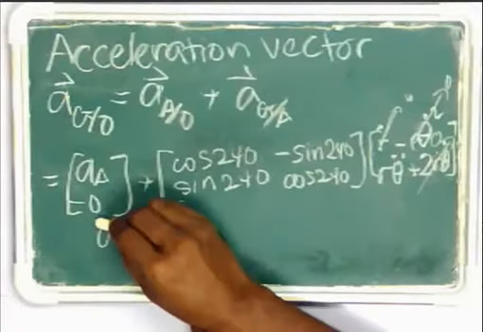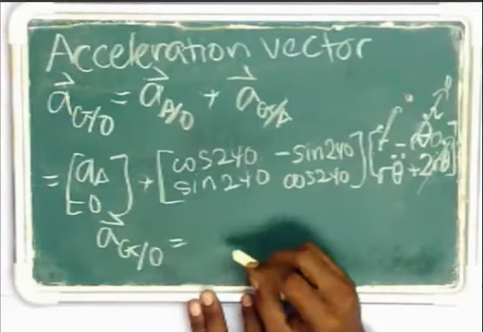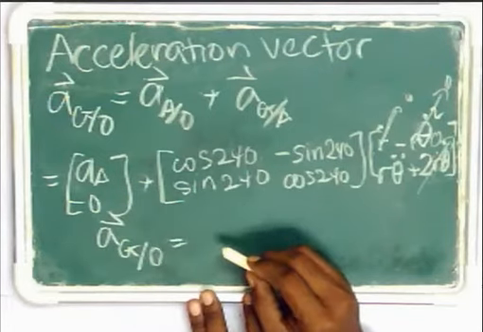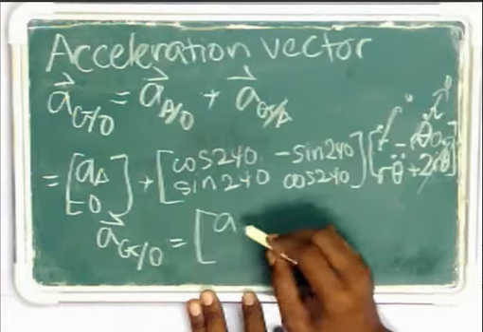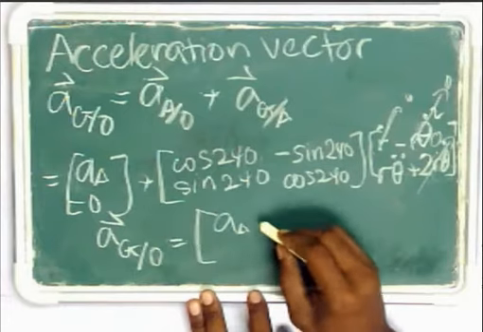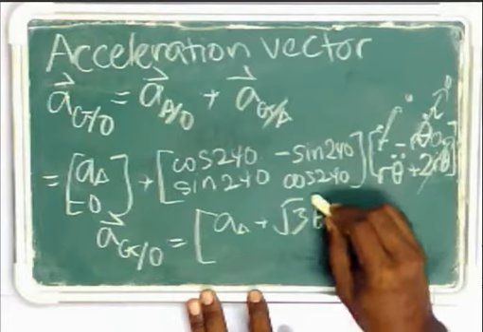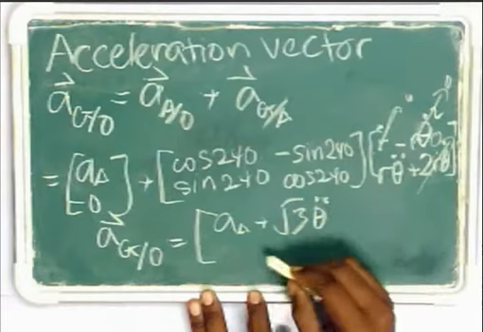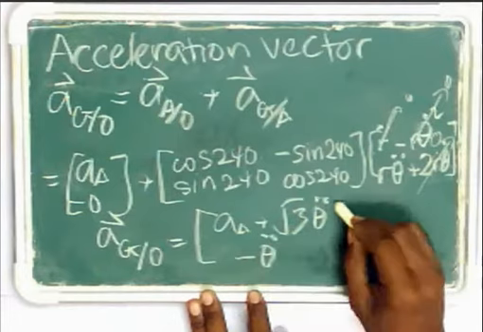So that will be the solution, so I'm going to write that. The acceleration of G relative to O is equal to A plus square root 3 theta double dot, and this one is minus theta double dot.